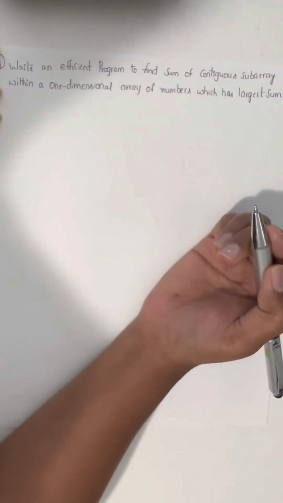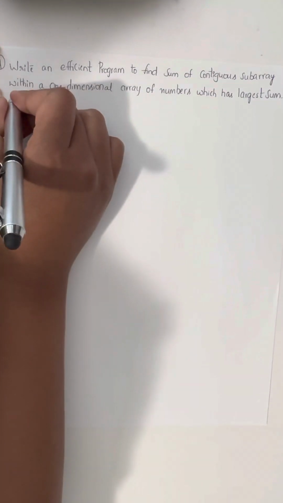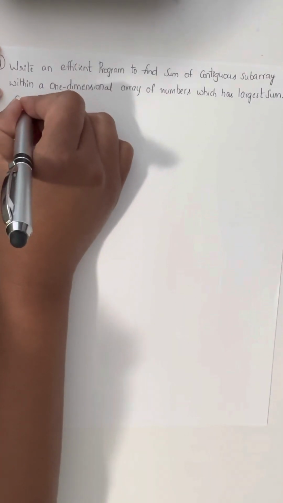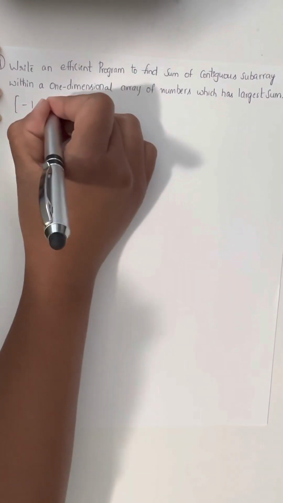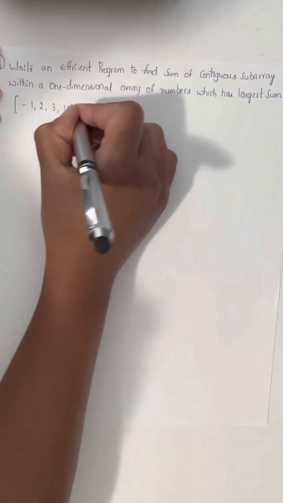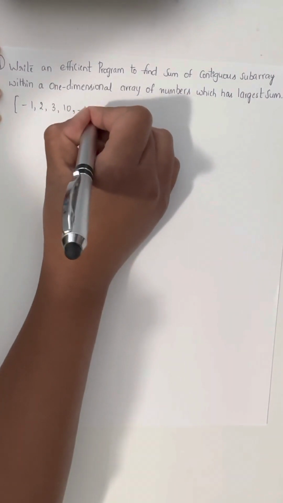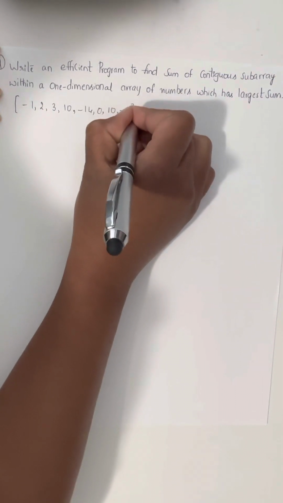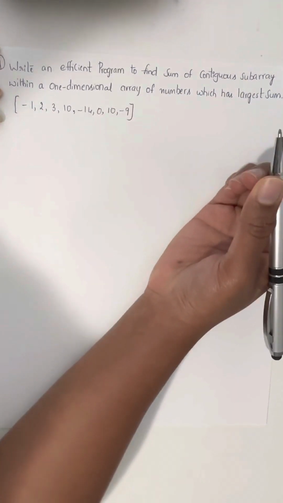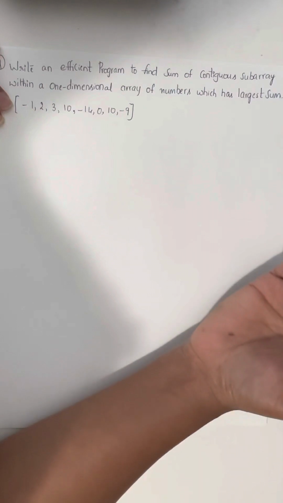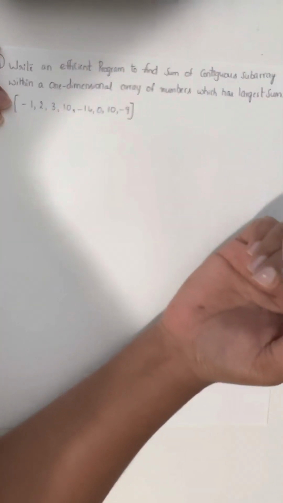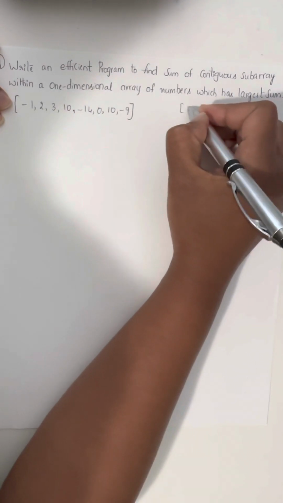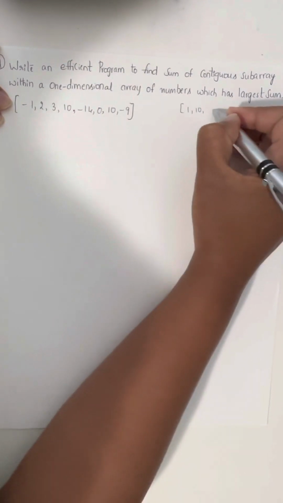So let's take an example array, which is -1, 2, 3. I am taking an array which contains both negative and positive numbers here, because let's say we have all positive numbers.